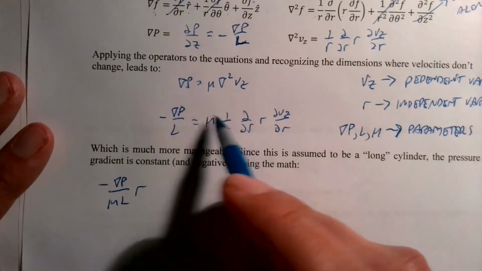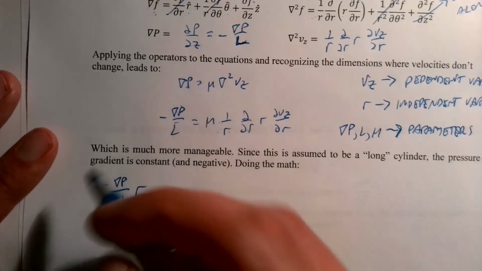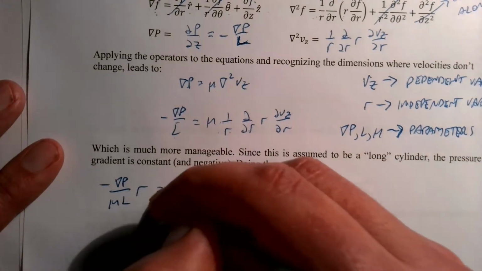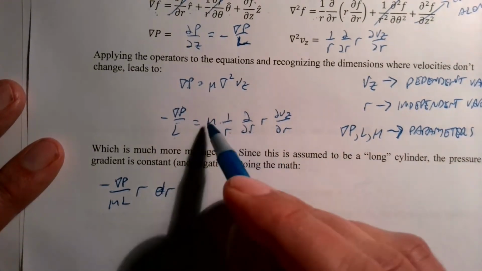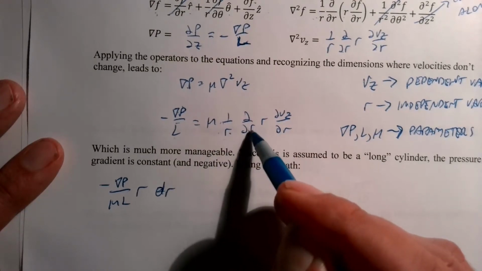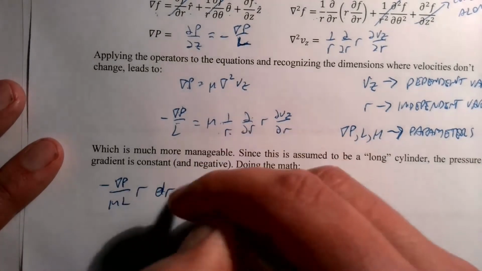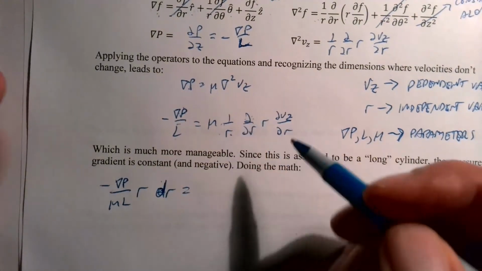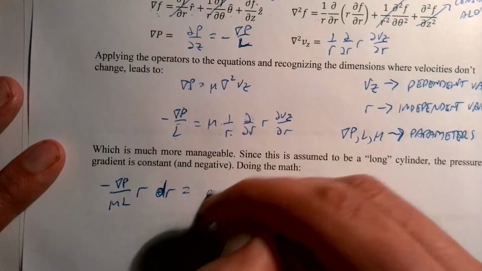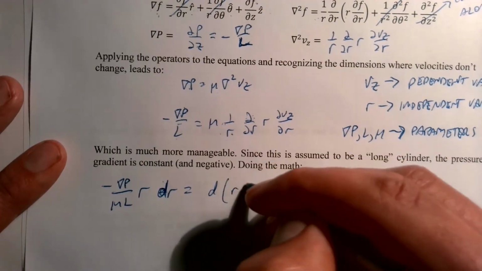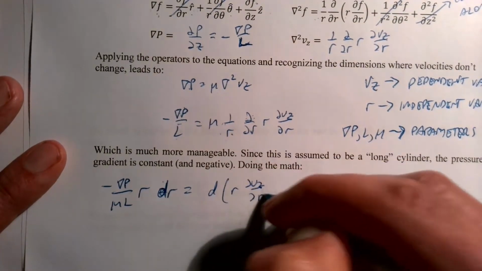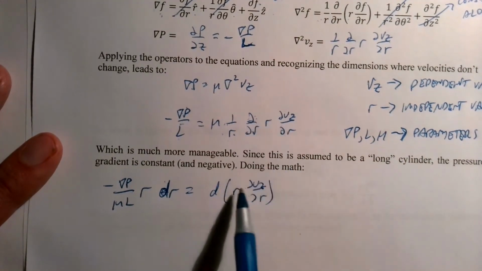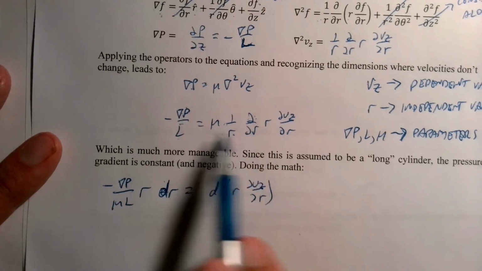I moved these over here, and now that's got to be equal to, and I'm also going to move over the dr. So I'm going to move mu r and then the dr in the bottom here, and that's going to leave me with dr. So the partial derivatives are really just regular derivatives now, and that's going to leave d/dr of r dv_z/dr. Okay, so the d here gets left behind with this, and then all these other guys went over there.